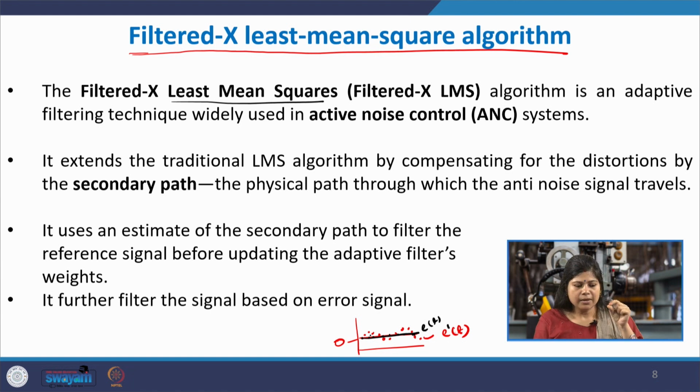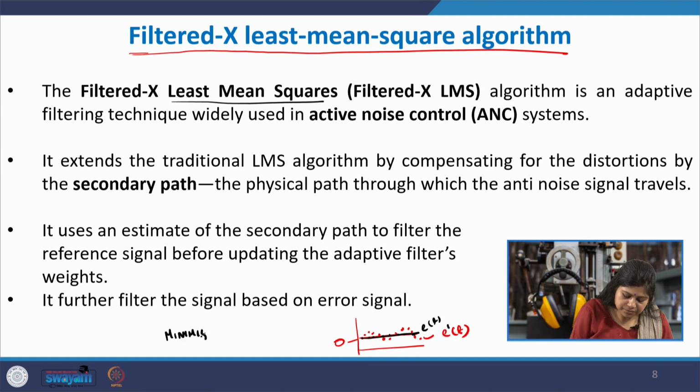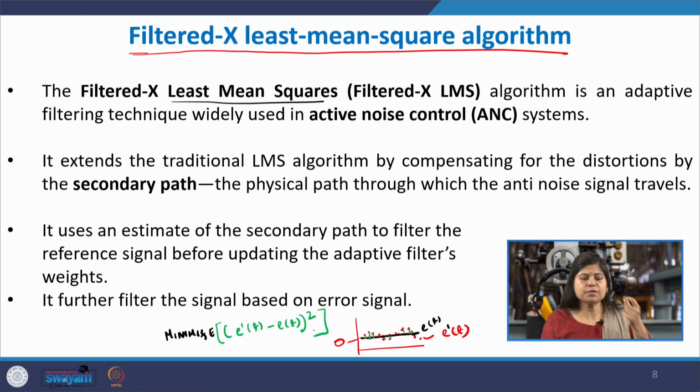Least mean square means you minimize the sum of the squares of these distances, because sometimes the differences will be positive and sometimes negative. So, we are trying to minimize the square of the distance between the two graphs.